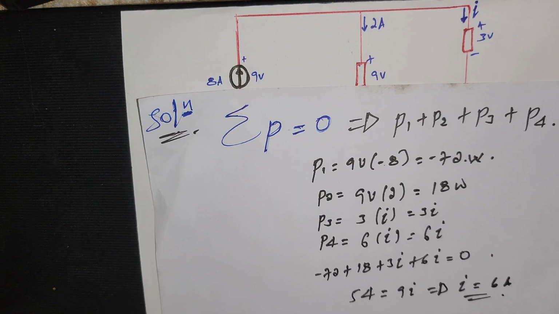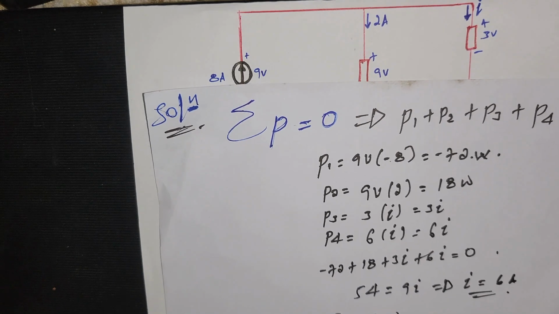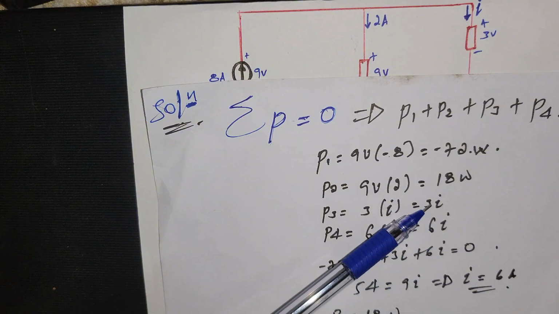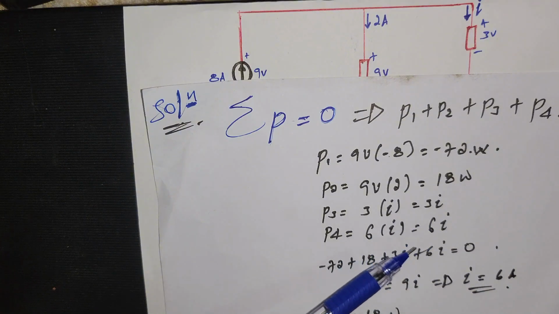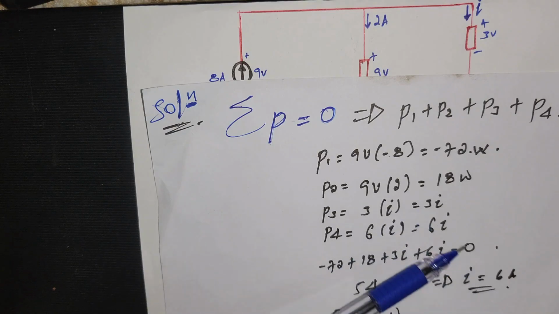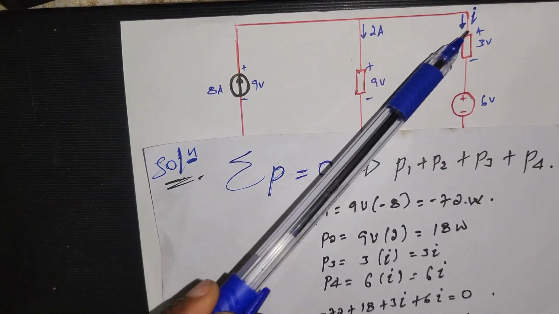Calculating this, 54 is equal to 9I. Simple calculation. I is equal to 6 ampere. Inserting the value of I into P3 and P4, 3 times 6, P3 will be positive.